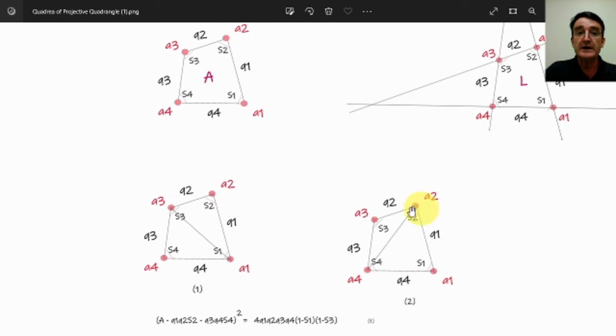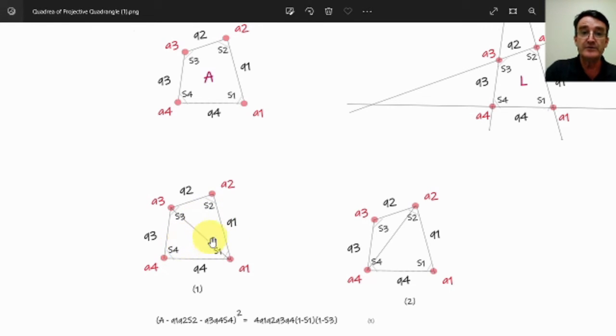Now I'll present the main formula for the quadria of a projective quadrangle. Here's our projective quadrangle, triangulated 2 different ways. This diagram has a chord between A1 and A3, and this diagram has a chord between A2 and A4, triangulating it into 2 separate triangles.